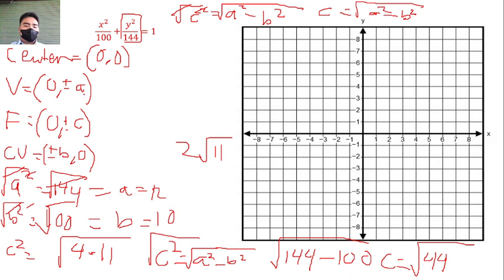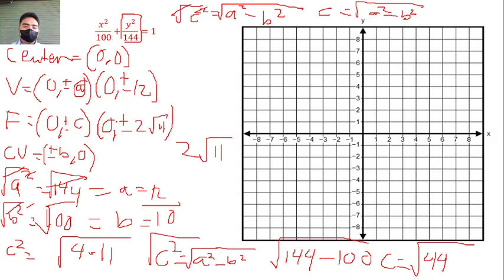So for the coordinates of D or your vertices, it is 0, positive, negative. What is the value of your A? The value is 12. Positive, negative, 12. For your focus, it is 0, positive, negative, 2 square root of 11.